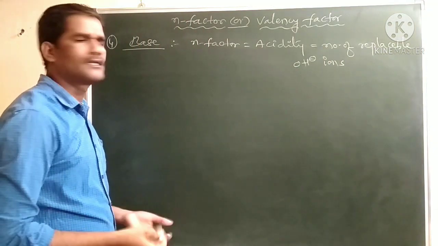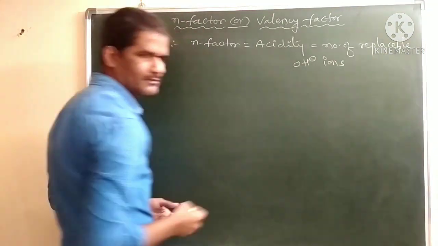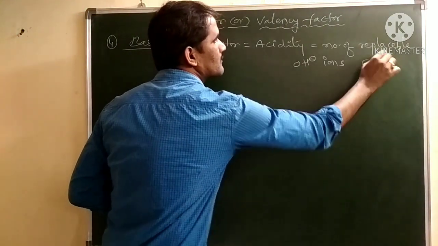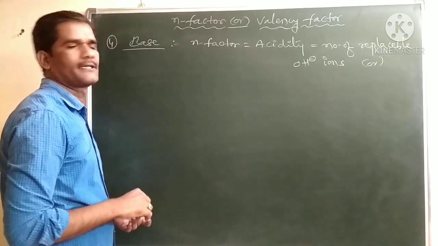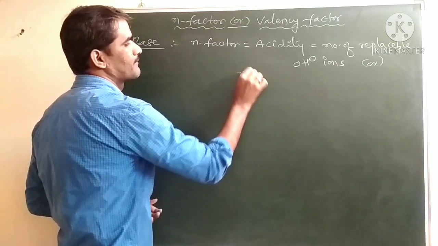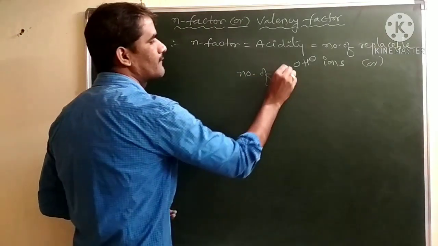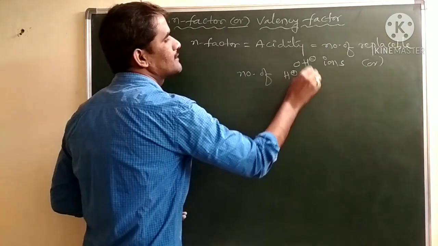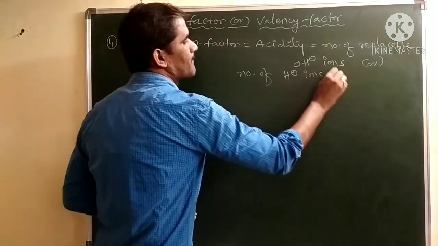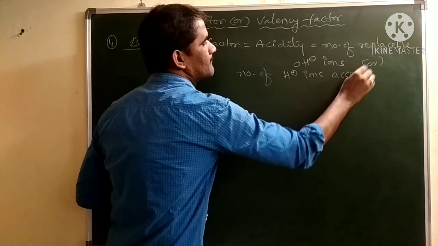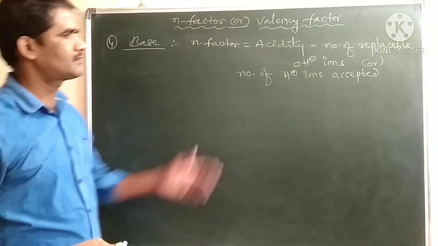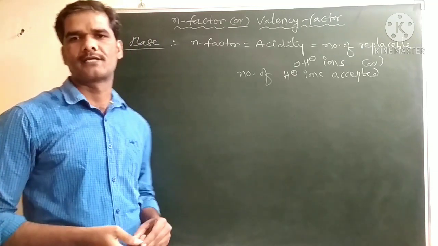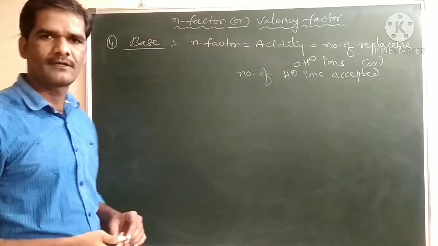Or we can take another definition instead of number of replaceable OH minus: number of H plus ions accepted. Either replacing of OH minus or accepting of H plus ions, both give the N factor for a base.